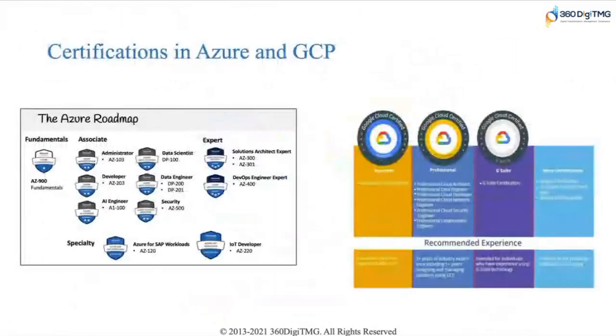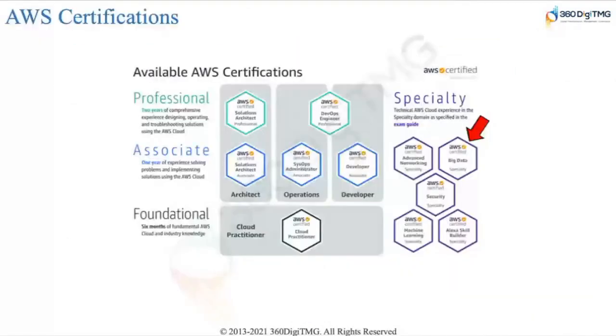Here, AWS certifications. As I told, if you are architecting the projects based on the services that are available on the cloud, you are called a solutions architect, cloud solutions architect.